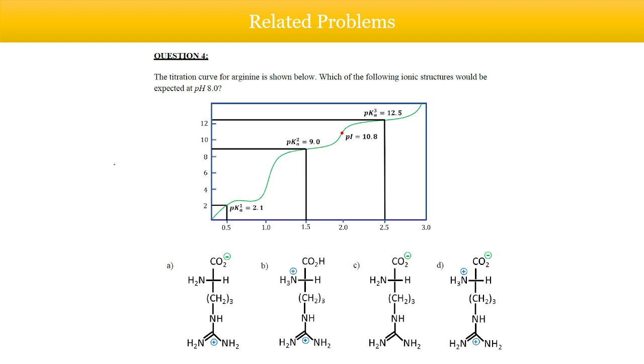If you see, for A the charge is 0, for B the charge is plus 2, for C the charge is minus 1, and for D the charge is plus 1. So the right answer is D.